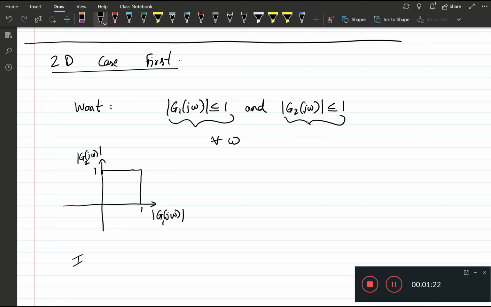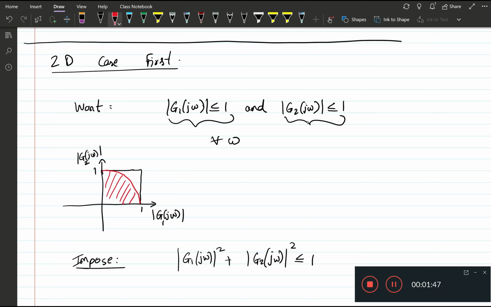But what we instead impose is that G1 of j omega squared plus G2 of j omega squared is less than or equal to 1, which, if you notice carefully, is the equation of a circle. So what we impose is that the points should lie within this region.